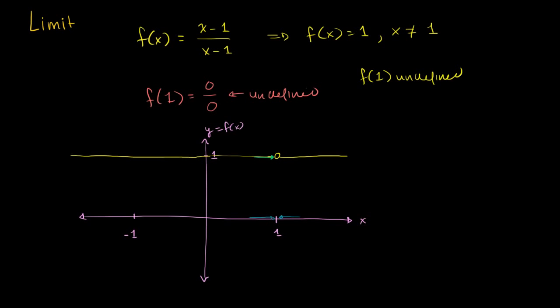So you could say, and we'll get more and more familiar with this idea as we do more examples, that the limit (lim is short for limit) as x approaches 1 of f of x is equal to, as we get infinitely close to 1, as long as we're not at 1, our function is going to be equal to 1.